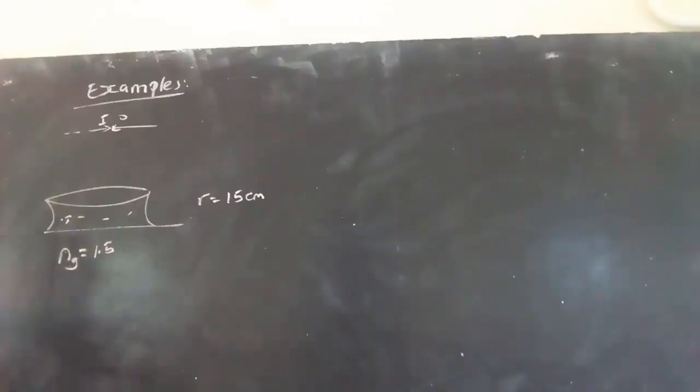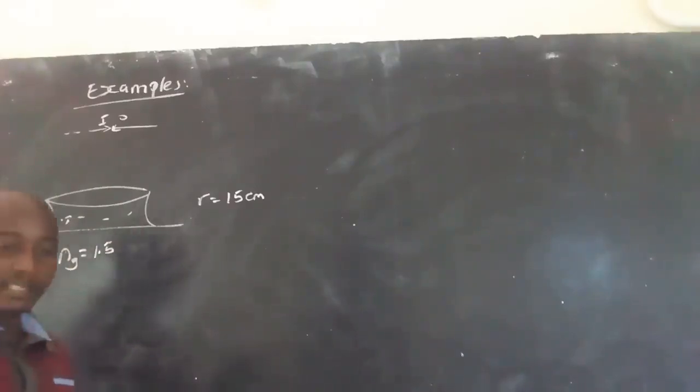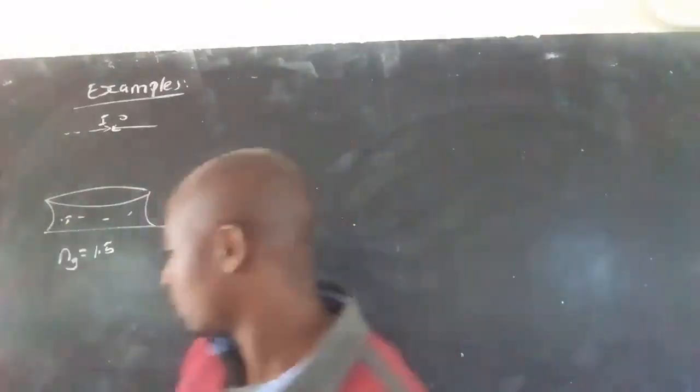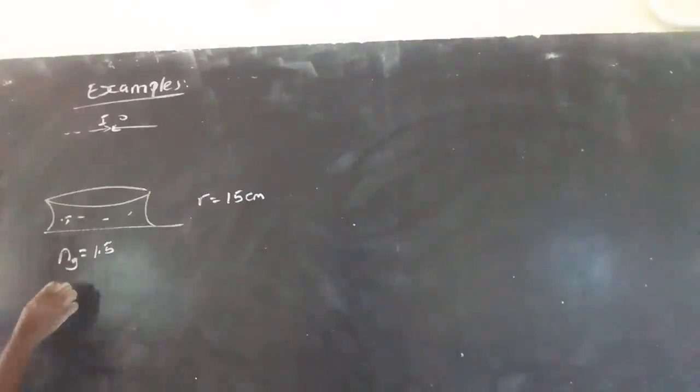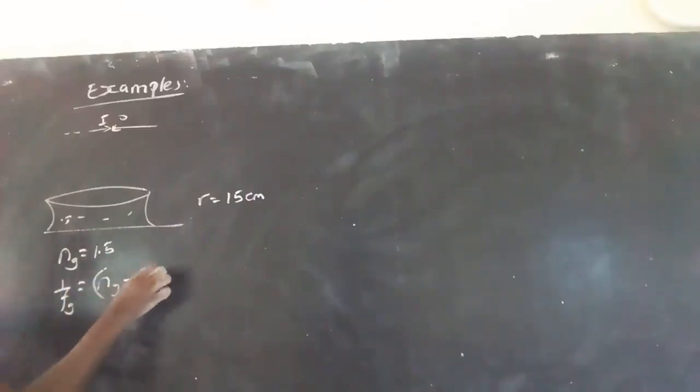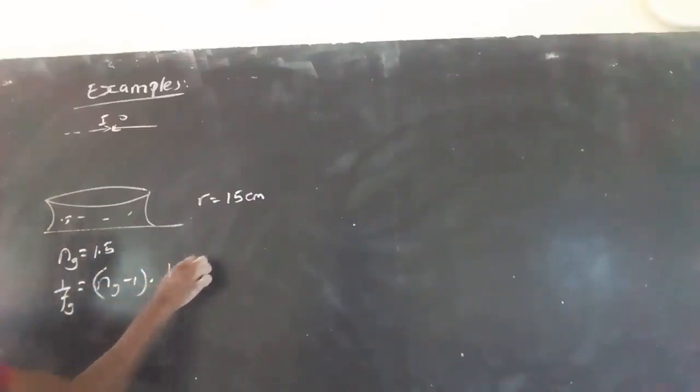So let us first get the focal length of the lens, because it will help us to get the focal length of the liquid. So for the focal length of the glass lens, 1 over F of glass is equal to (N glass minus 1) times (1 over 15 plus 1 over 15), because this is R1, R2.